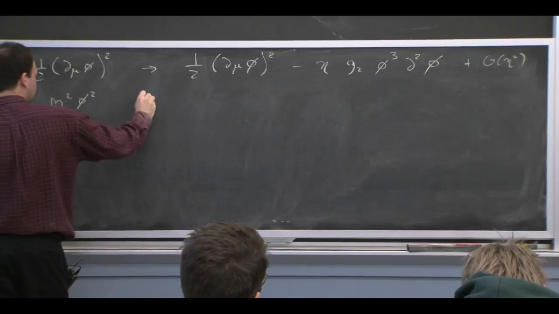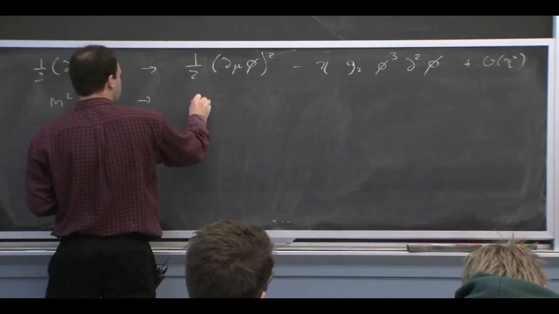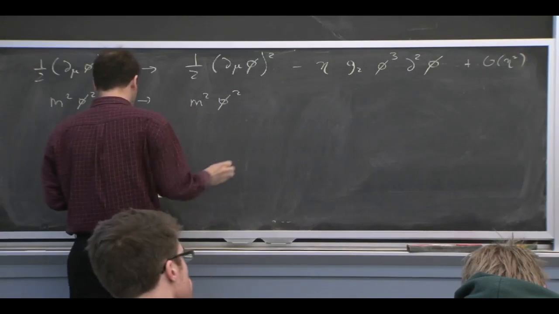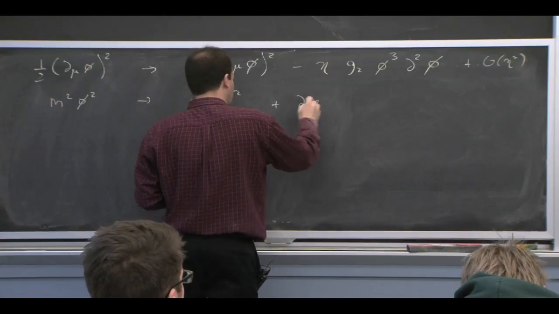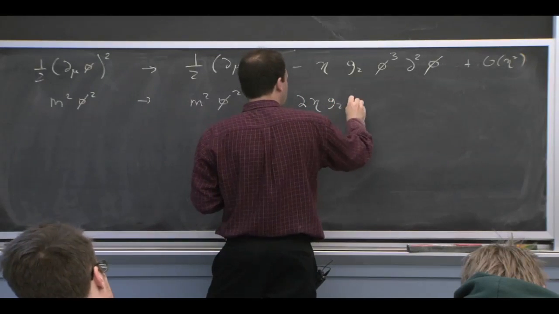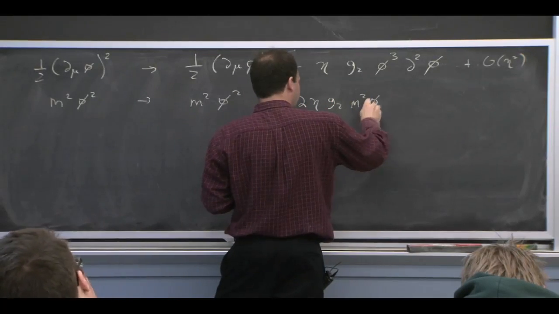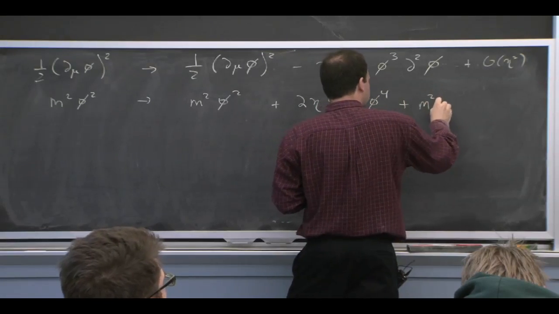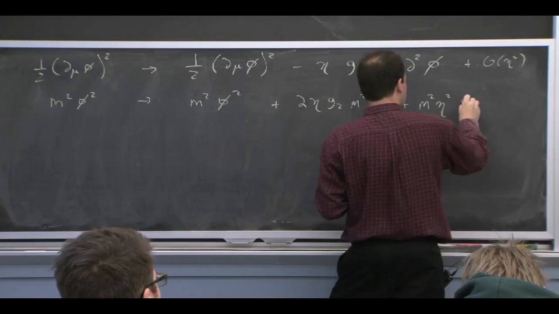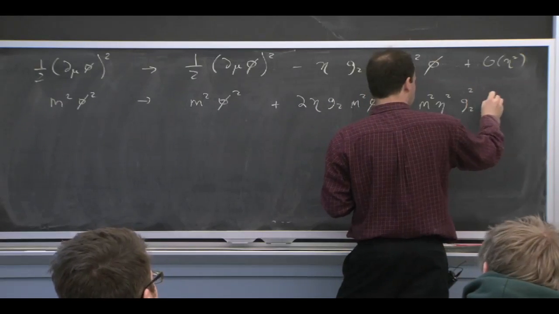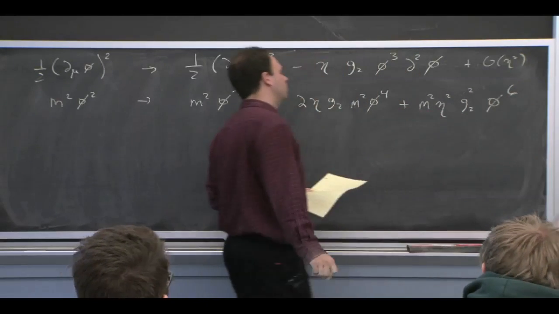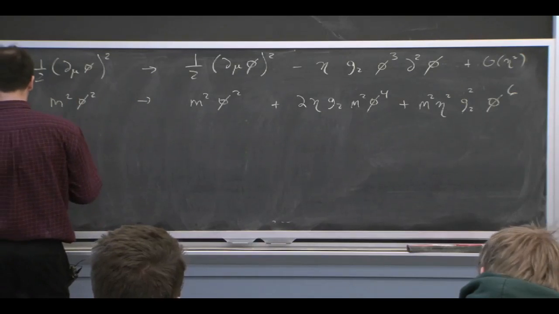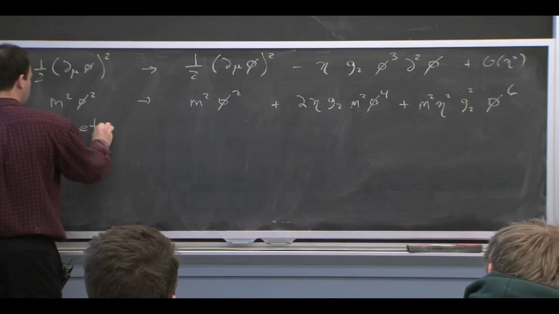We have to consistently make that field redefinition everywhere, so do it for the mass term as well. And let me write out the eta squared term, just so we have all the terms. And we keep doing that.